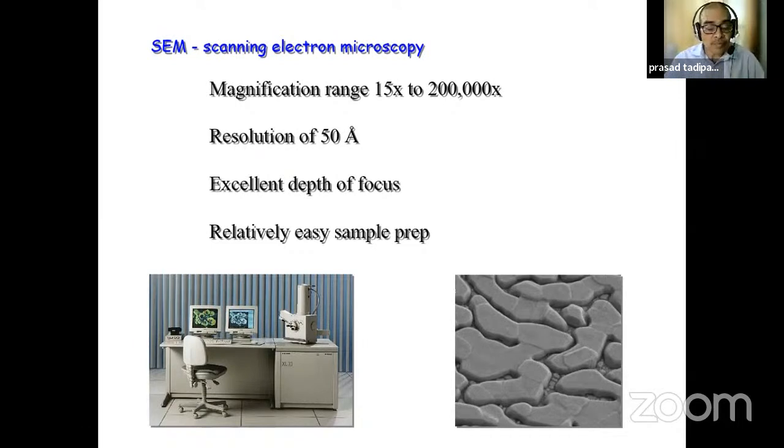It has a condenser and an objective lens, and finally it passes through the specimen, which is kept in a vacuum chamber. An electron detector is also placed between the objective lens and the specimen, and this is connected to the computer control, that is a CRT display or computer monitor and control unit. So these are all the different parts of a scanning electron microscope.